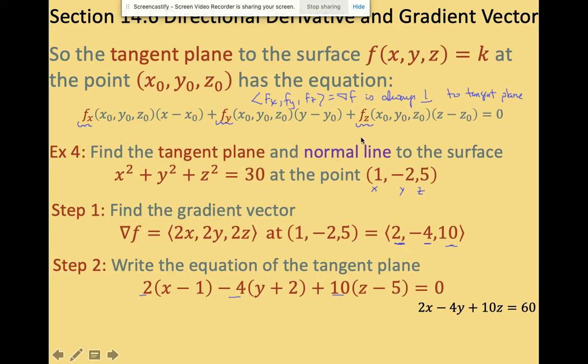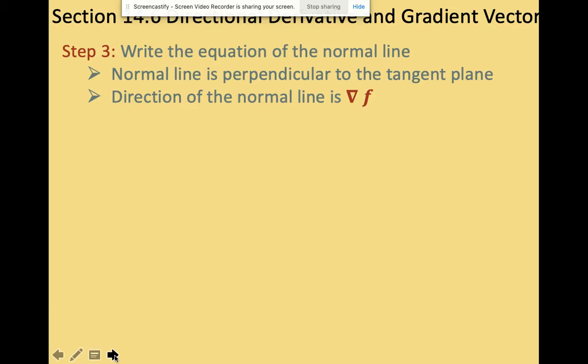So what about this normal line? Do you remember how to write the equation of a line? What I mean by normal line is using your gradient values. The normal line is perpendicular to the tangent plane. The direction of the normal line is your gradient.